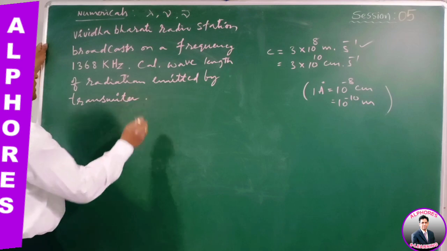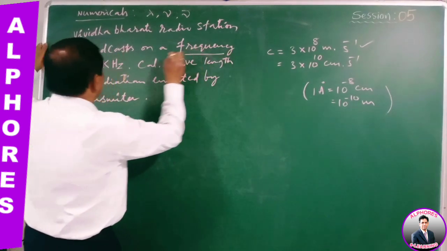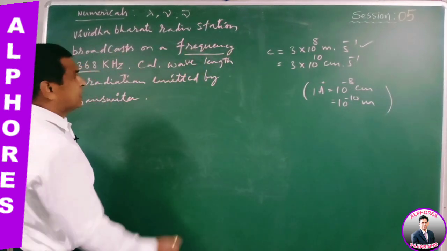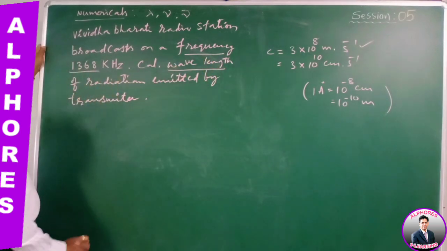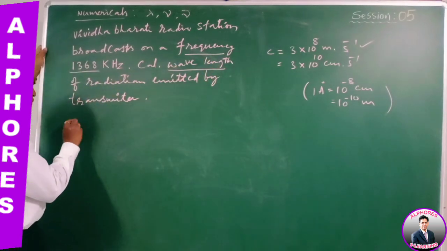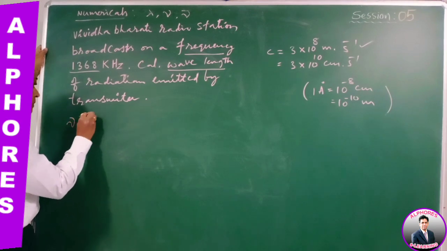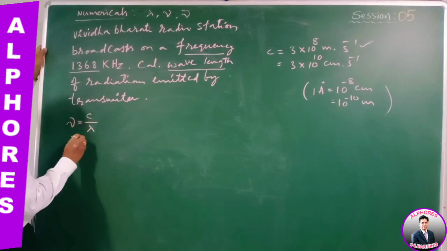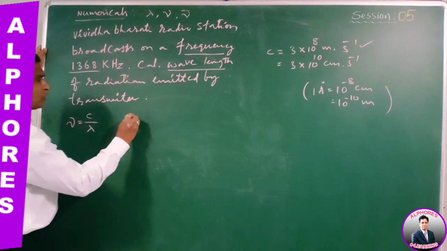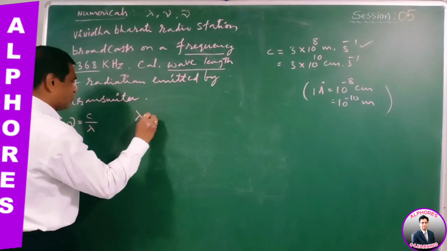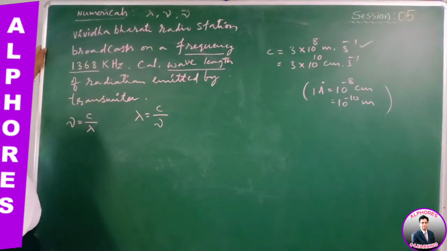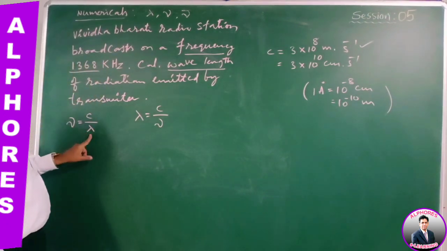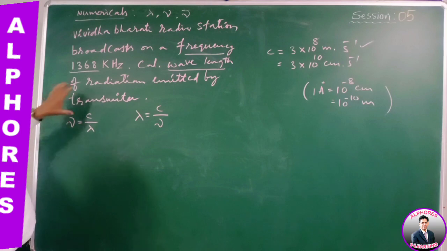So the frequency is available, and we have to calculate the wavelength. As we know, nu is equal to c by lambda. Now you are calculating the wavelength, so lambda is equal to c by nu, the wavelength of the radiation emitted.